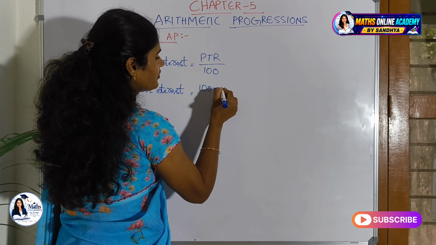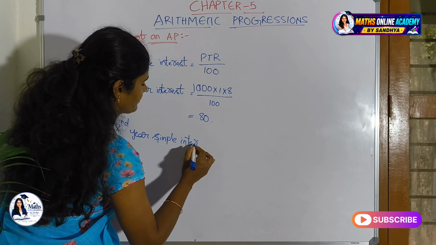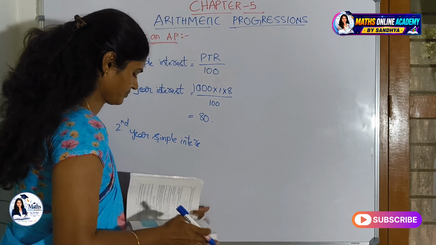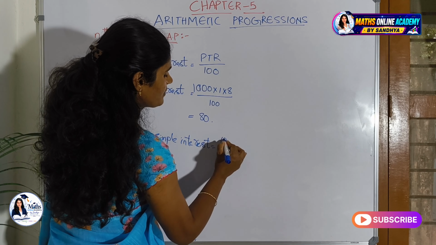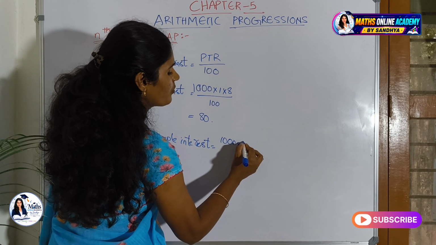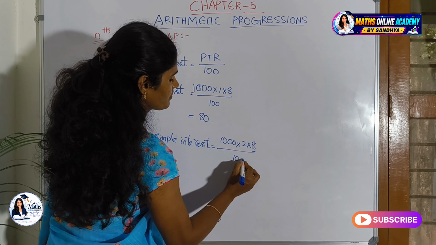Second year simple interest equals 1000 into how many years? 2 years, and 8 by 100.